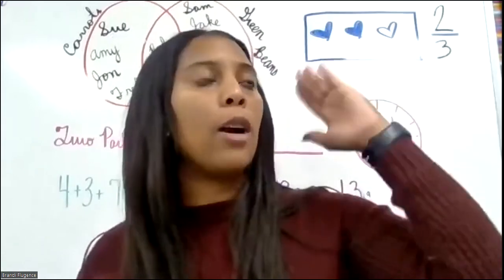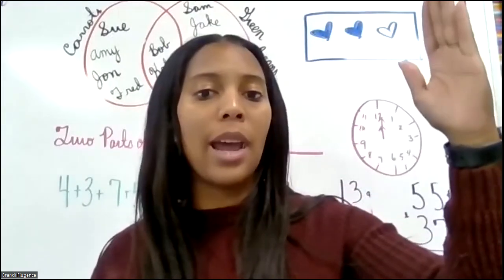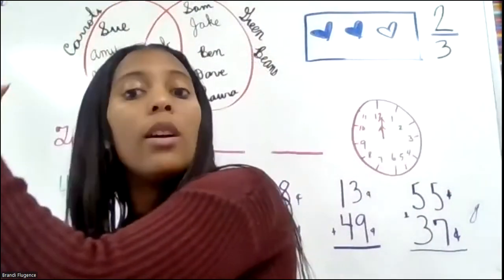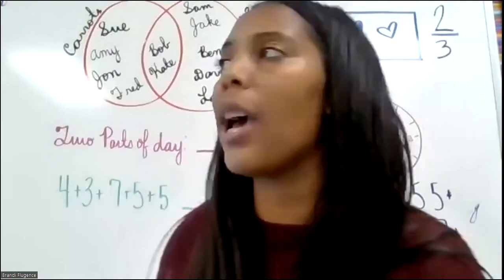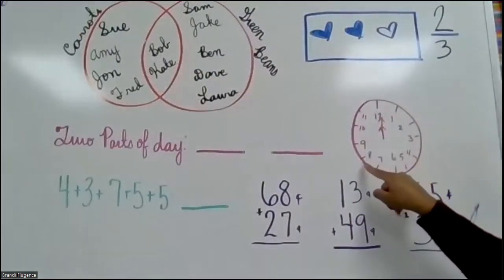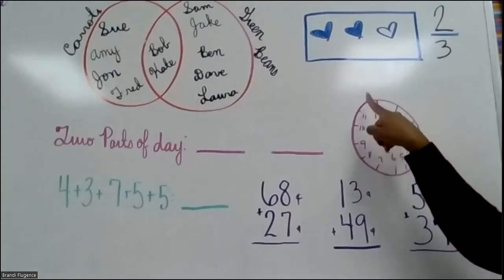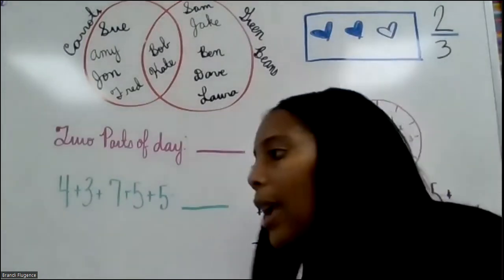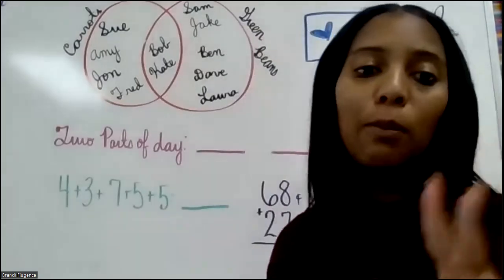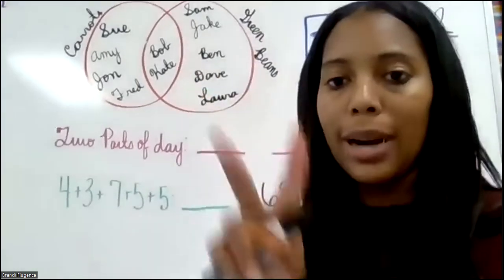So we have from 12 midnight until 12 noon, and then we have 12 noon to 12 midnight, and it keeps on doing that. So the clock will start on 12, go all the way around once, hit another 12, then go around once. So the day has 24 hours total.